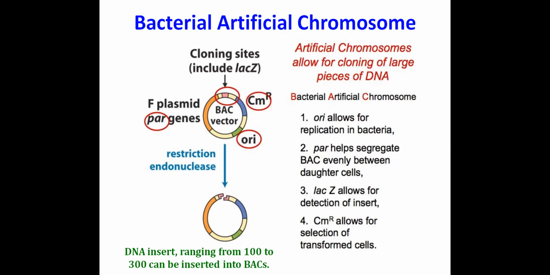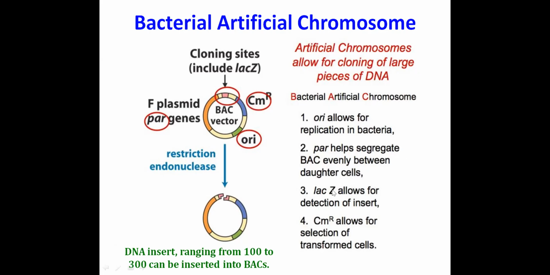Okay, so like other vectors, it also has the origin of replication, which allows this vector to get replicated inside the bacteria. Then it has the PAR gene. This PAR gene actually helps in the even segregation of the artificial chromosome into the daughter cell.